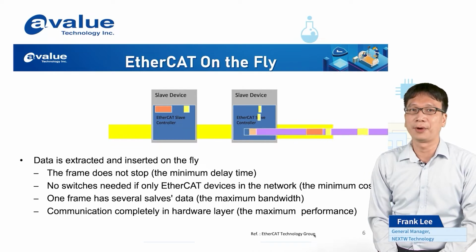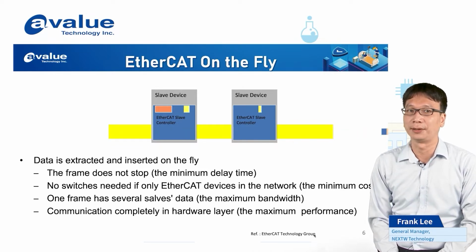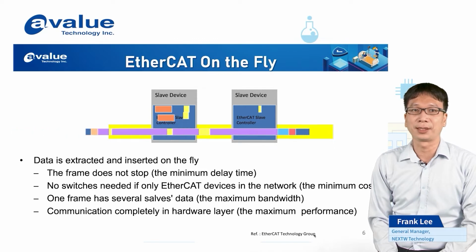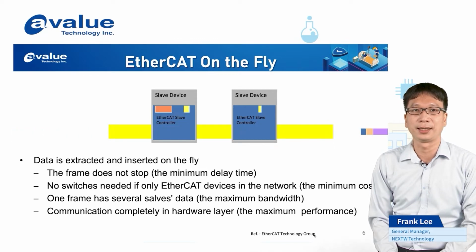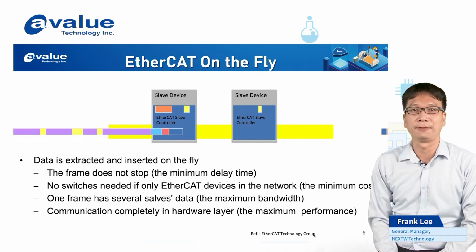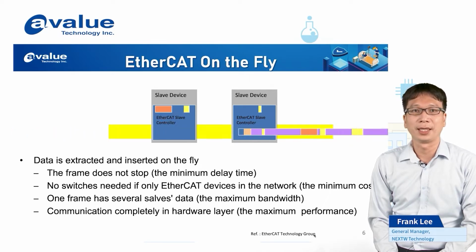Instead of sending one frame per slave per cycle, typically there is only one frame sent by the master through all the slaves per cycle. Each slave extracts command data from the same frame and inserts the state or response data in the same frame as well. In doing so, the slave will exchange data with no delay.